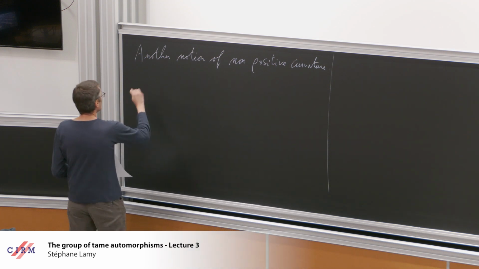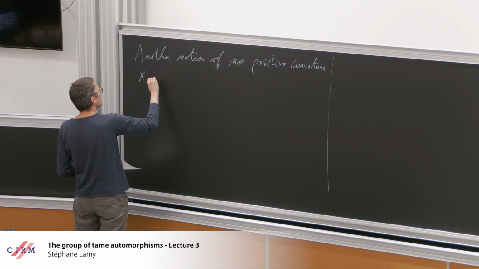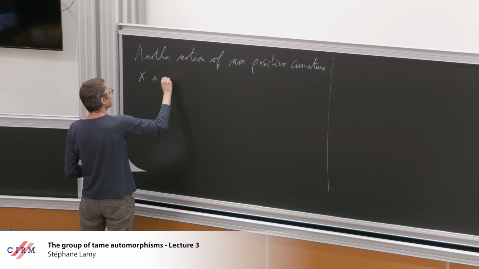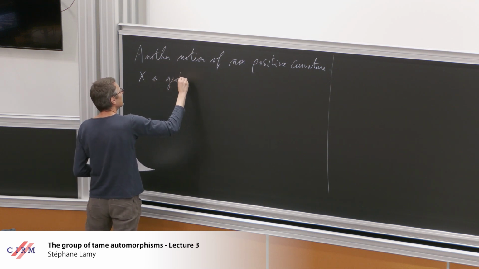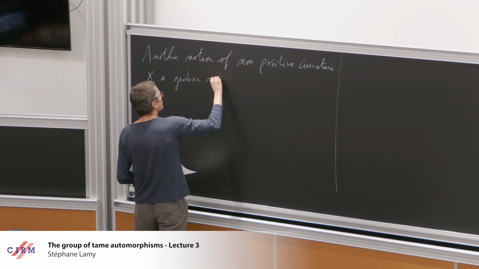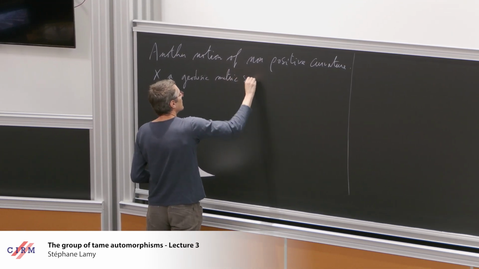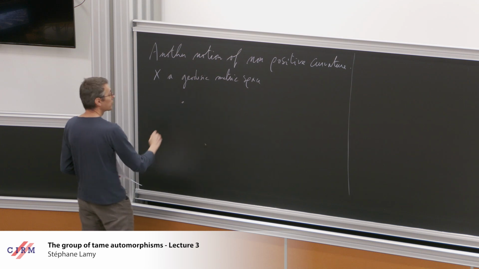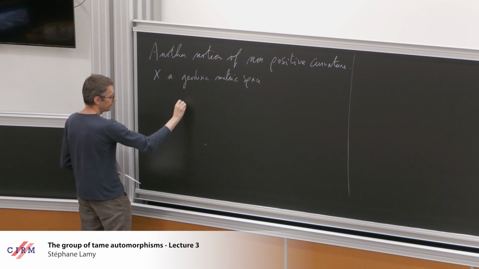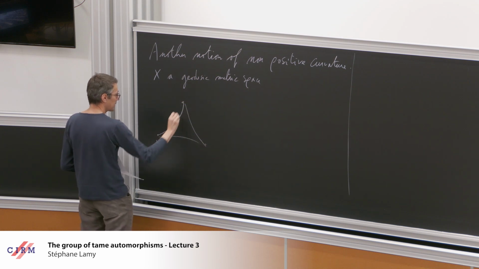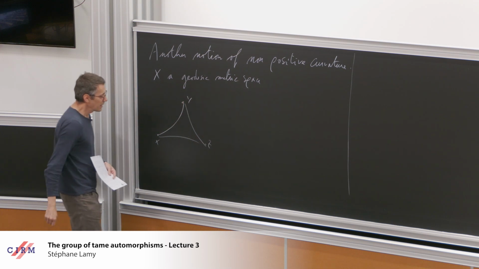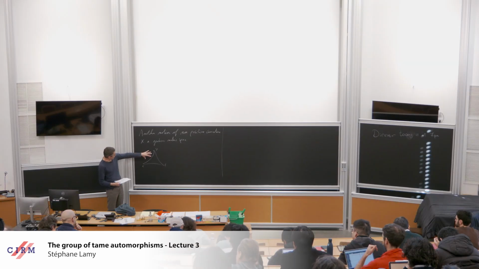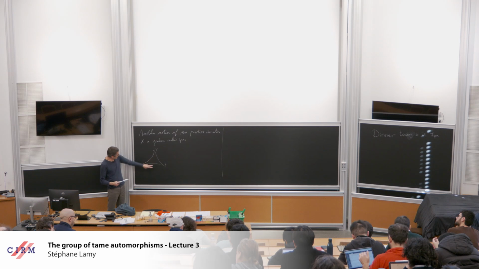So again, X is a geodesic metric space. You take 3 points, and geodesic means I have some segment. So I have X, Y, Z. I look at the distance between X and Y, Y and Z, and X and Z, and I construct what is called the comparison triangle.